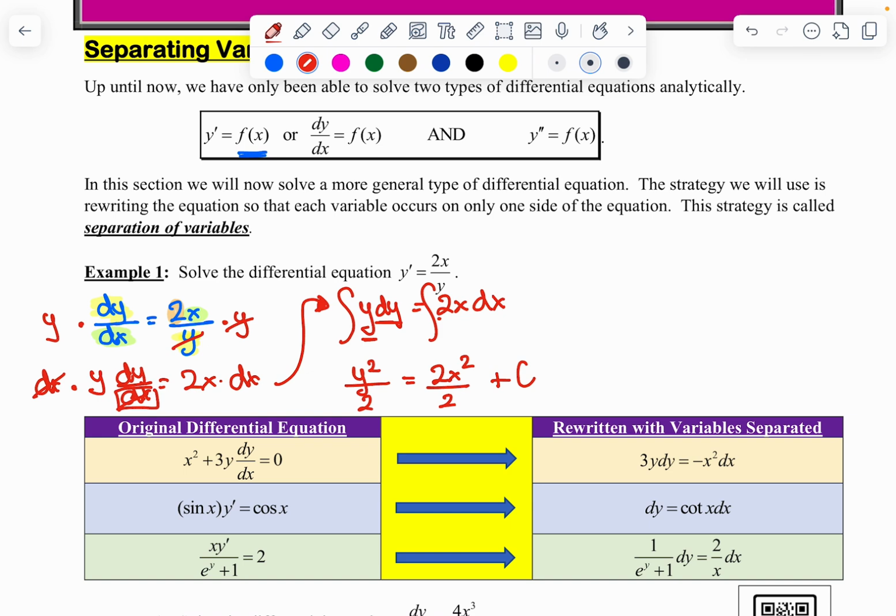Once we get to this step, what we have to do is solve for the function of y, so we got to get y by itself. Now, a common mistake when solving for y is to include this c. Just remember that c is just a coefficient. We don't know what that coefficient is, but it's just a coefficient.